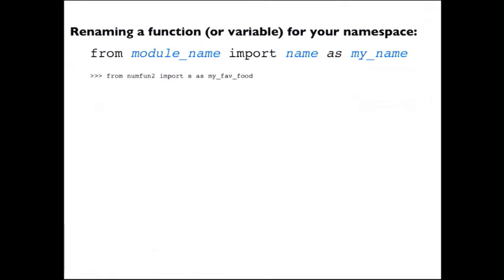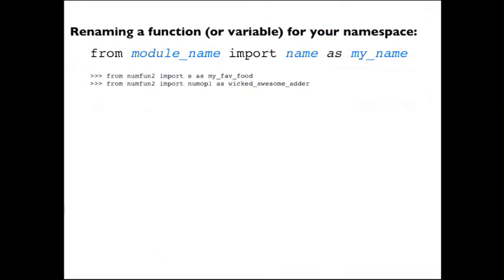Let's say we don't like s because s is such a sillily named variable and we should have named it something more sensible, and your best friend handed you this code and you're like, I'm not going to use it because s is a dumb variable. So why don't we just rename it on the fly? I can import from numfun2 s, but I want to import it as something else. So in my namespace, I'd rather call this my fave food.